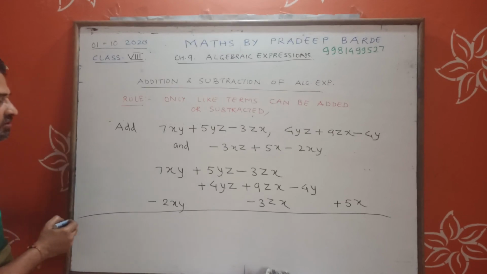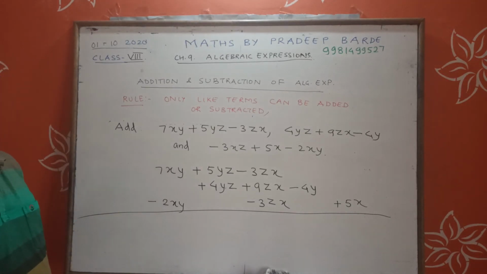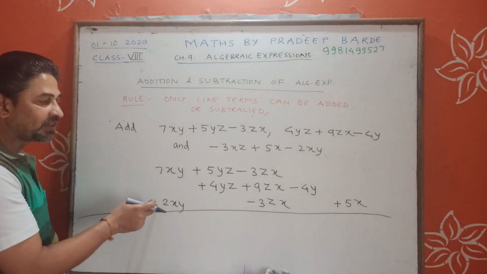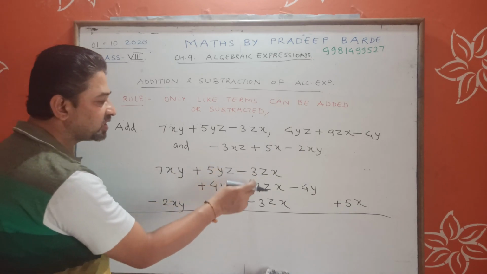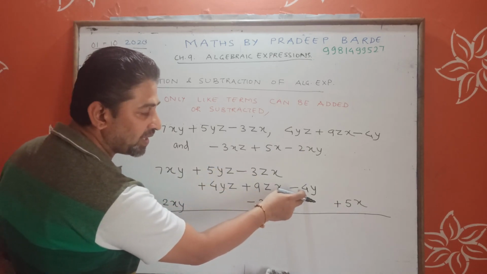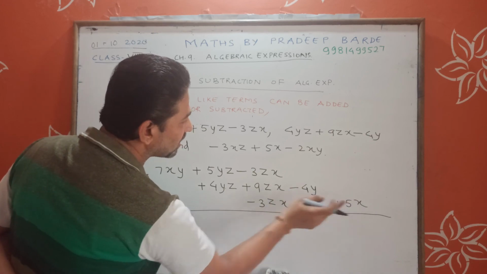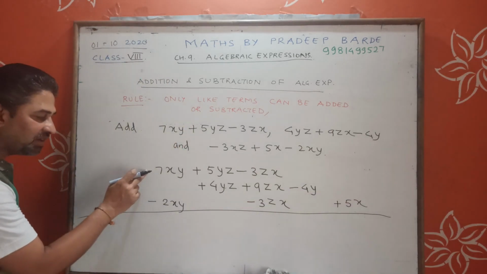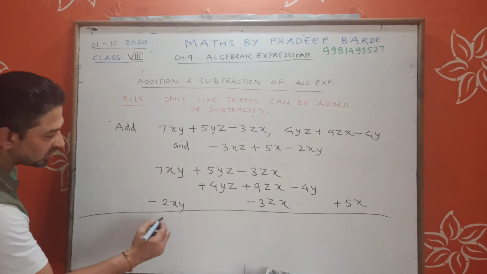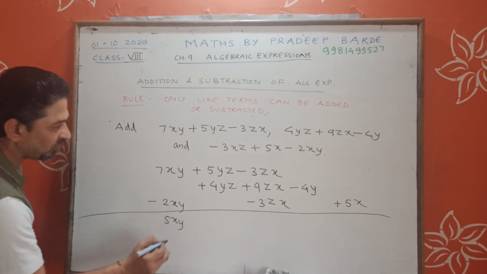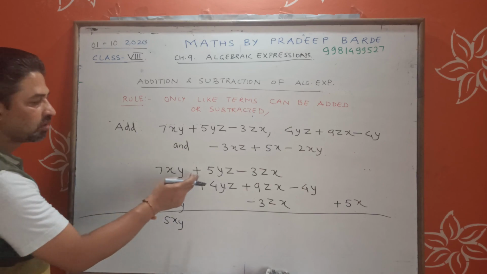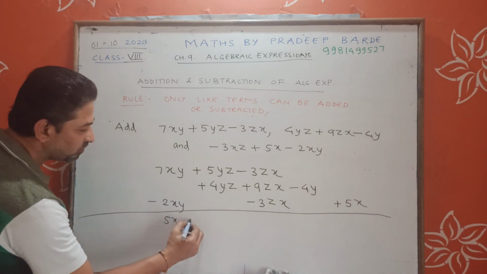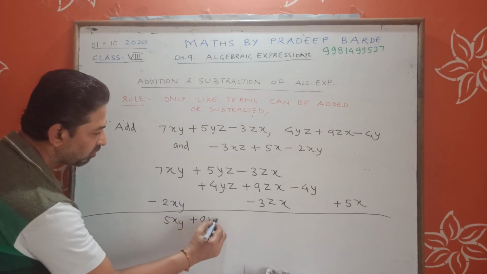Now add. So we have written like terms one below the other. These two are like terms, then these are like terms, these three are like terms. Here this one had no like term, and this one also had no like term. Now we add: 7 minus 2 is 5xy, plus 5 plus 4, so that is 9yz.